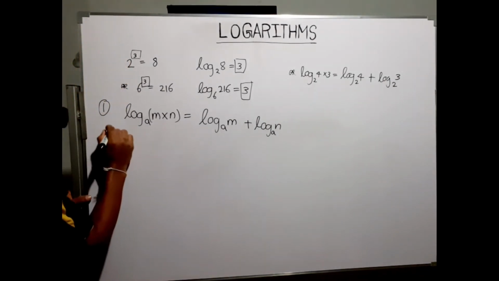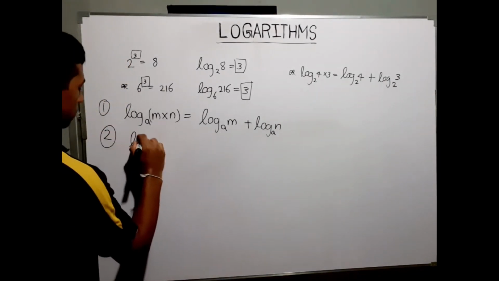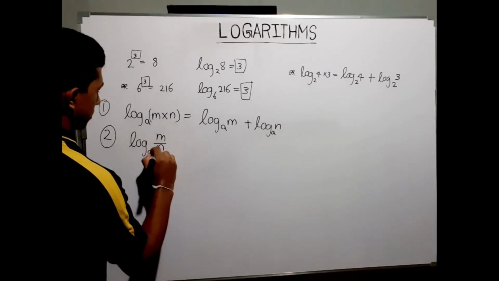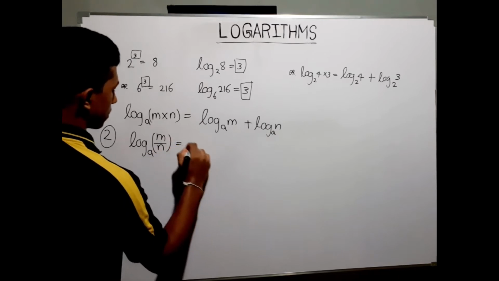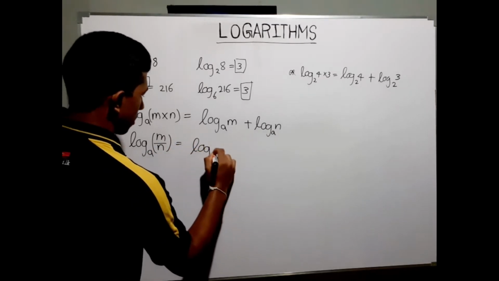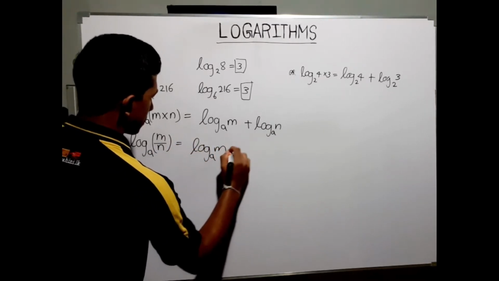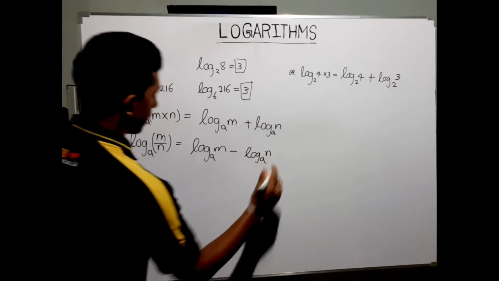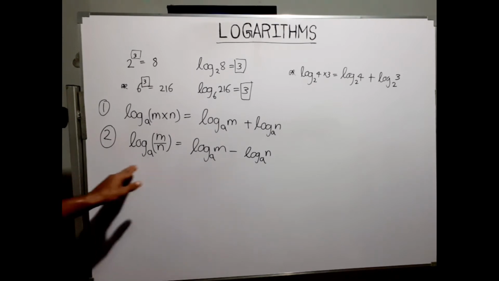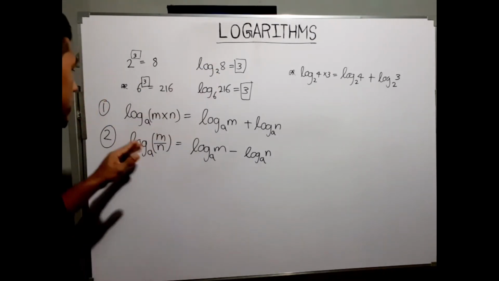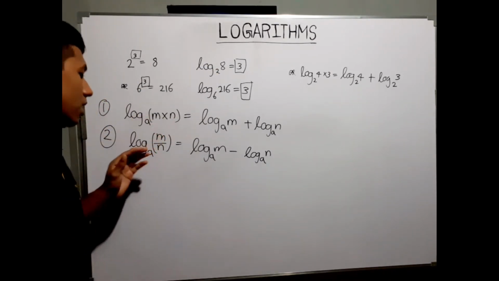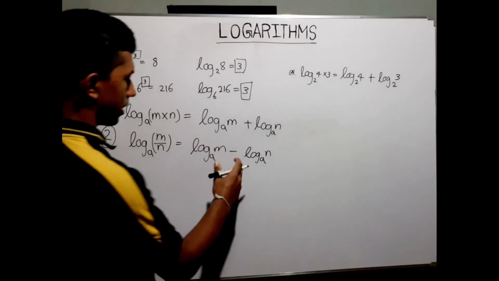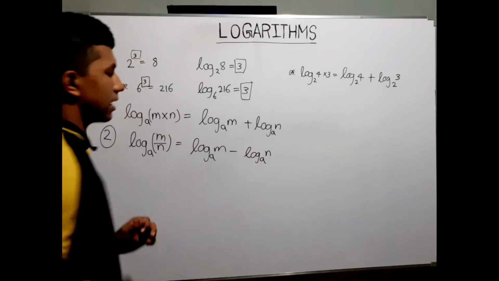The second rule is log of m over n to the base a, which is equal to log value of m to the base a minus log value of n to the base a. So this is the second rule in logarithms.